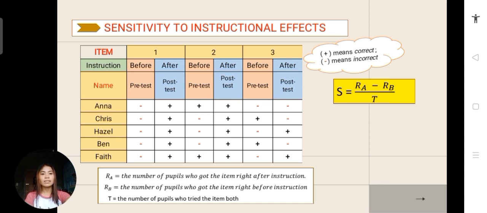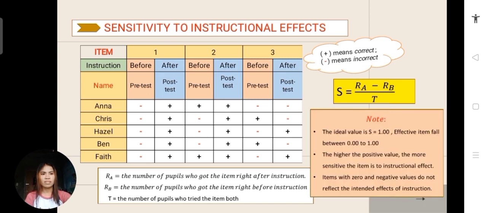T stands for the number of pupils who tried the item both times. Note that the ideal value of S is 1 and effective items fall between 0 and 1. The higher the positive value, the more sensitive the item is to instructional effect. Items with 0 and negative values do not reflect the intended effects of instruction.